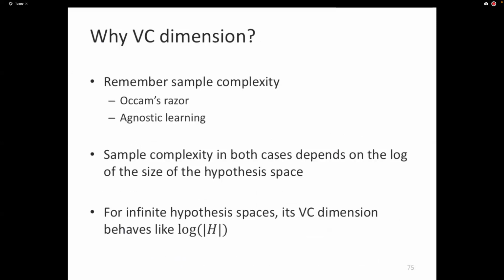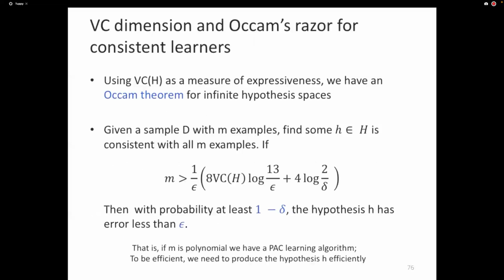Just so happens that the VC dimension behaves like the log of the size of the hypothesis space. I'm going to present results to you without proof, and you don't have to remember these expressions, but you need to know the implication of this rather than the actual expressions. Oh, there's a question. No.